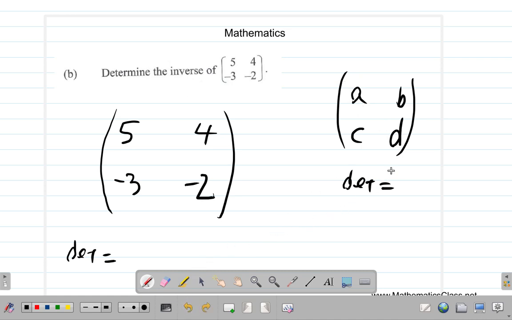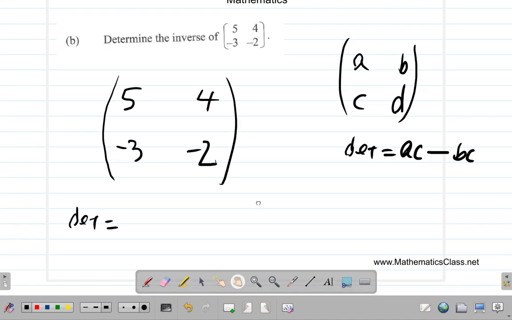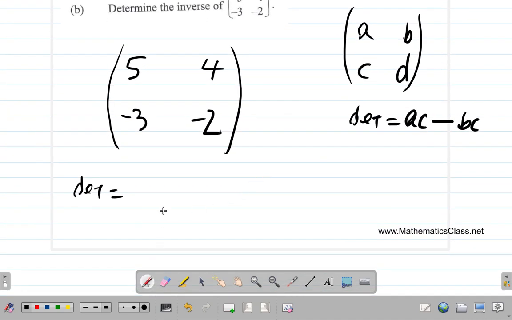A times D is AD, minus the elements in the non-leading diagonal, B times C. That is the determinant. So following that pattern, I want you to pause the video and calculate the determinant of this matrix.